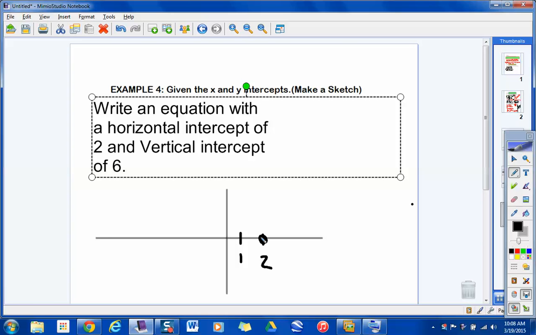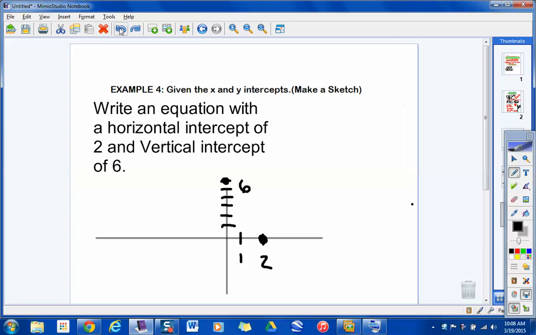Rise up how many units then? 6. So I might be right here. That's 6. Do you guys agree that there's a line passing through this now? Kind of like that.